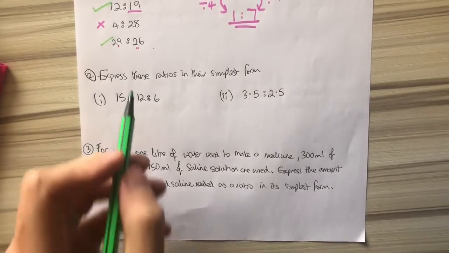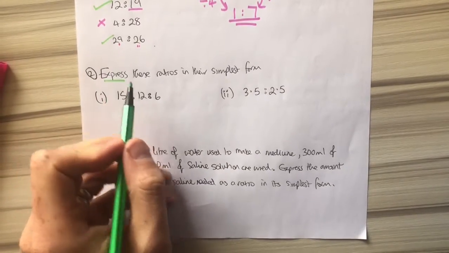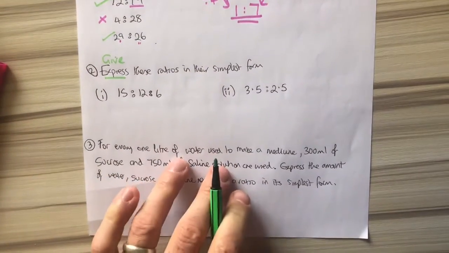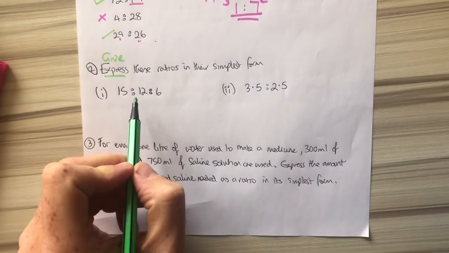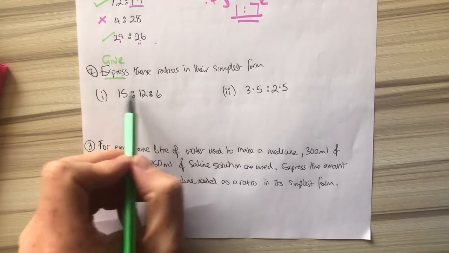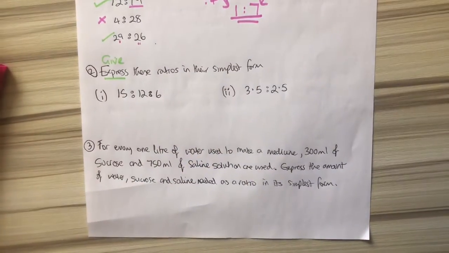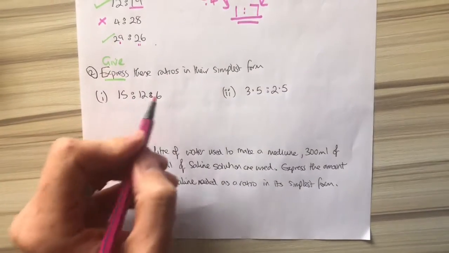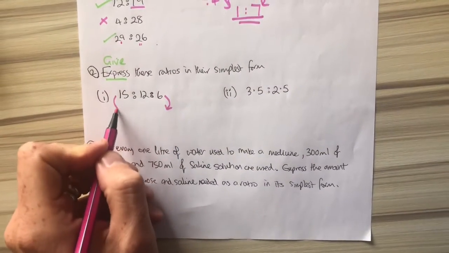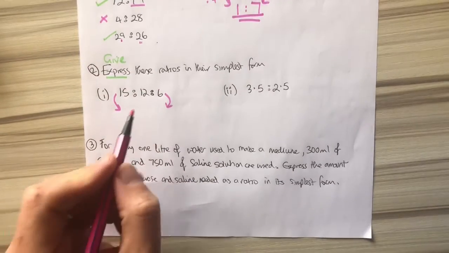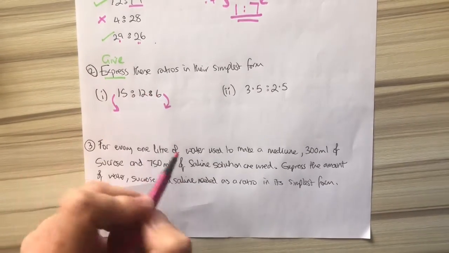Okay, next part, express, which means just give these ratios in their simplest form. So I've chosen the ones that have got 3 parts to it, and ones that have got decimals in. So you're looking for a number, in other words, the highest common factor for all 3 parts of this ratio. So what number goes into 6, 12 and 15?